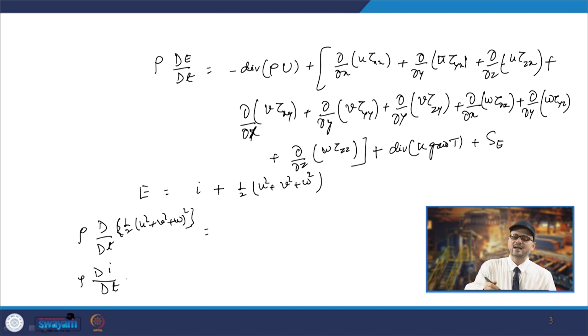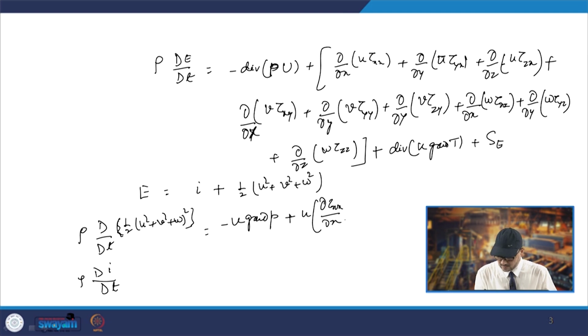This will also be divided in two terms. So, it will be minus u grad p, and accordingly you will have terms like u times ∂τxx/∂x plus ∂τyx/∂y plus ∂τzx/∂z.